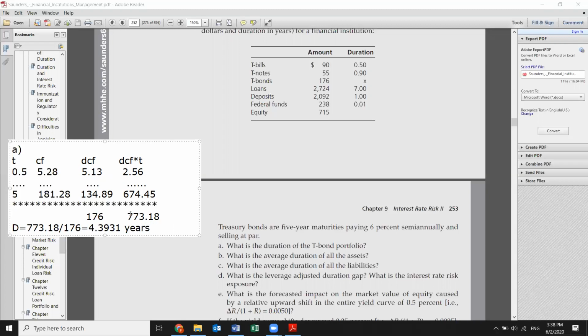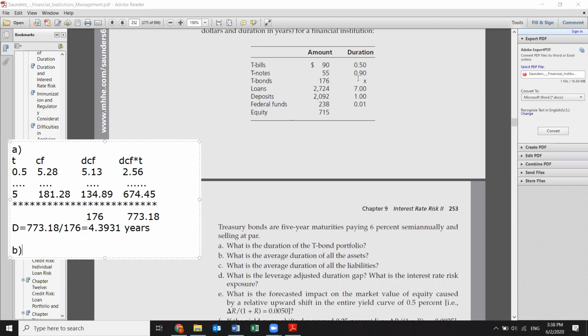Okay, this was part A. Part B: what is the average duration of all the assets? So we need to take the weighted average. All the weights are given here. Now we found the duration for the T-bond.